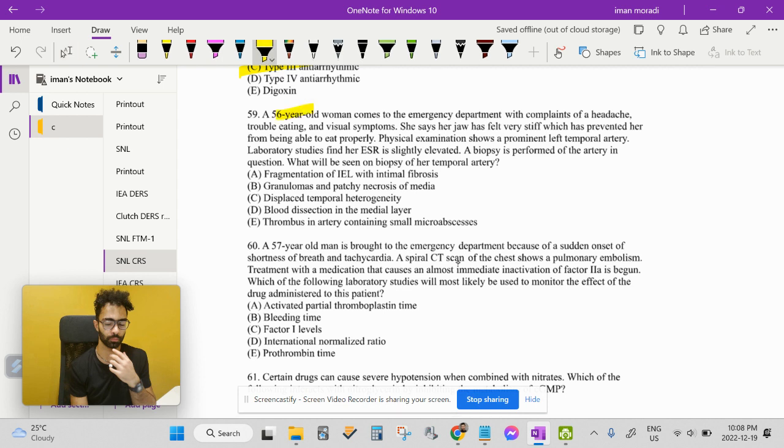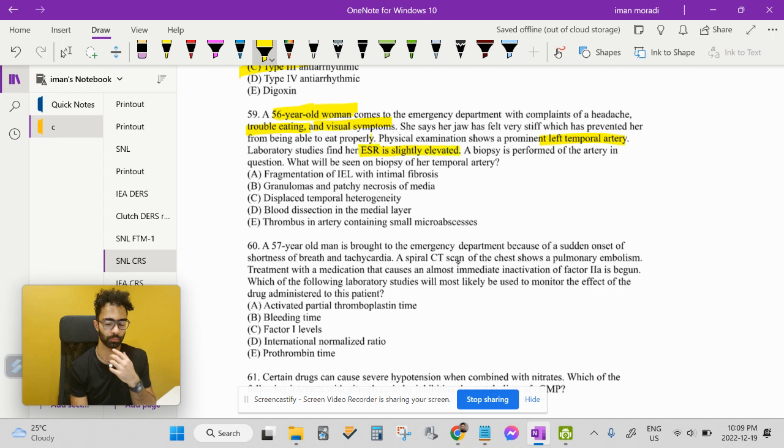A 56-year-old guy has headache, trouble eating, visual symptoms, jaw pain. Wow, jaw pain. A 50-year-old woman has all these. It's just yelling giant cell arteritis to me at this point. And the left temporal artery is also occluded.